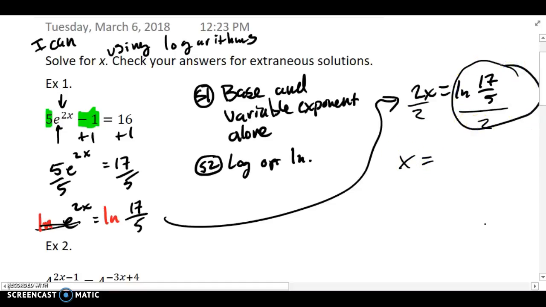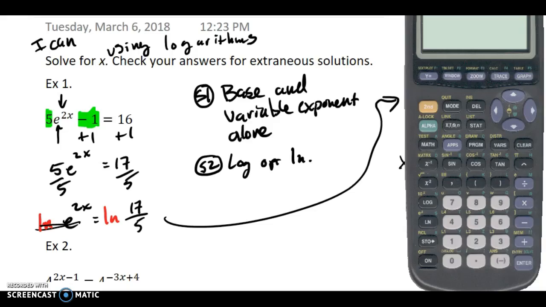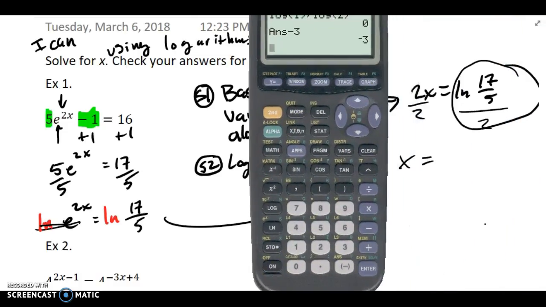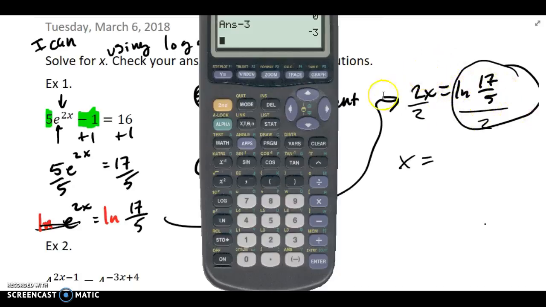Now that would give you the answer if you could just get this value. If you want to solve it all the way out to a decimal, let's get a calculator out. Okay, so just getting the solving portion down like that, I'm happy with. So let's do this. We have the ln of 17 divided by 5.